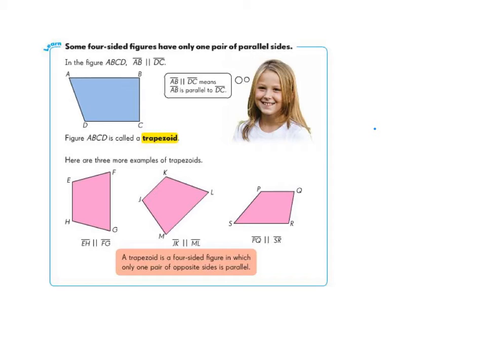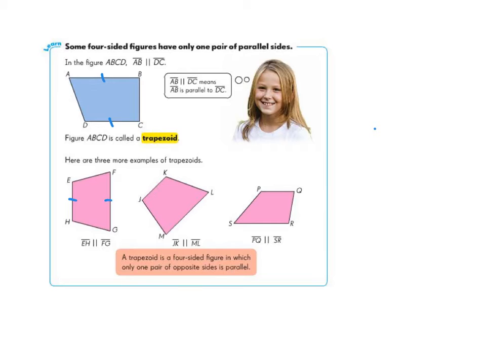Now trapezoids are a little bit different. Trapezoids are not parallelograms. They are quadrilaterals that only have one pair of parallel sides. As you can see in this bluish colored one, this side is parallel to this side. The other two are not parallel. And here are some more examples in pink.